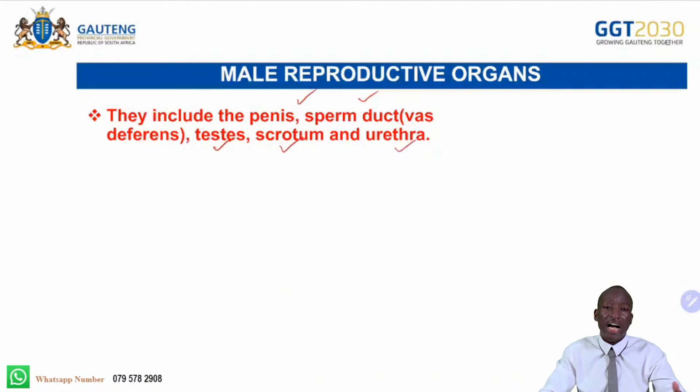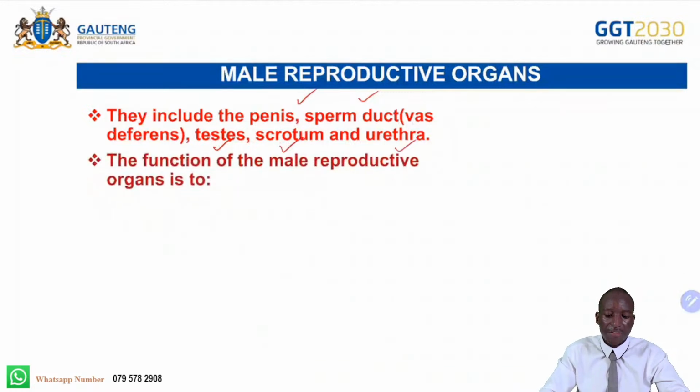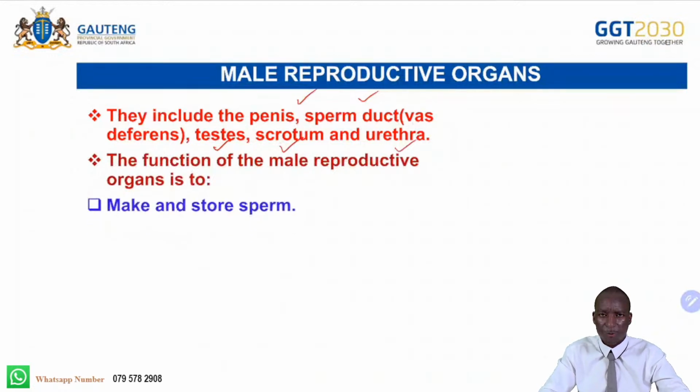So these are the main organs of the male reproductive system. The function of the male reproductive organs is, first of all, to make and store sperm. Males should be able to produce sperms. Those sperms are the ones which are passed over to the females during fertilization, so that a new baby is formed and a new baby is born.